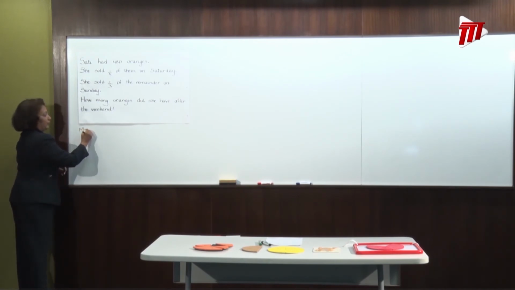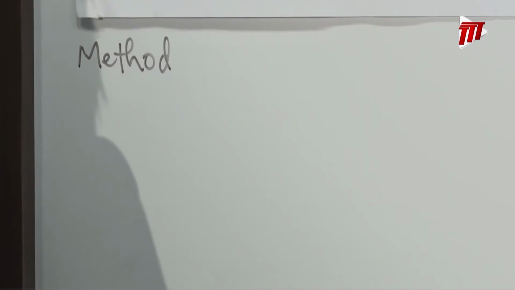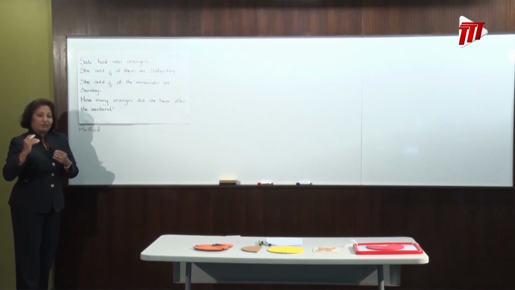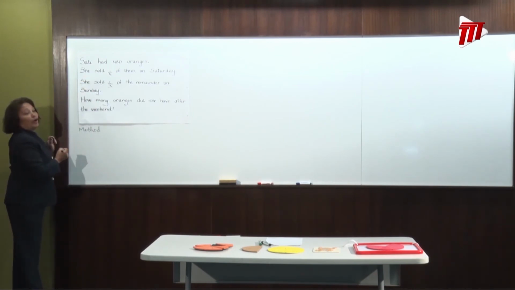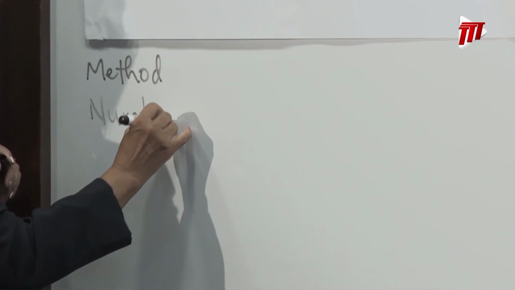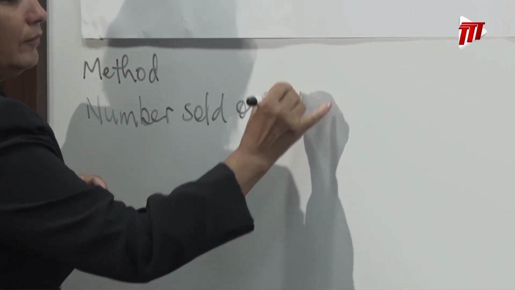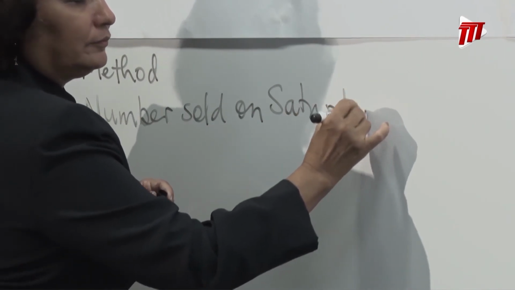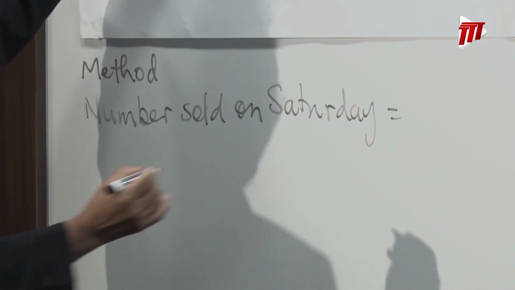So the first method involves working the question with a bunch of numbers. We could convert each step into a number. So Sati started with 480 oranges. The number sold on Saturday was a quarter of the 480.